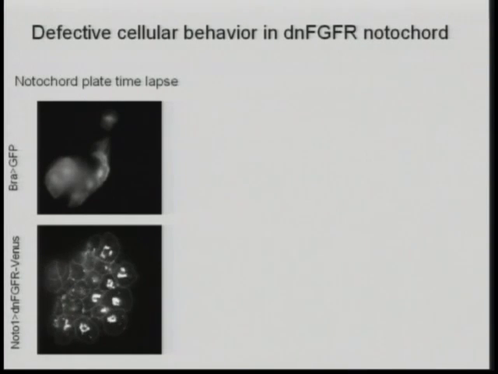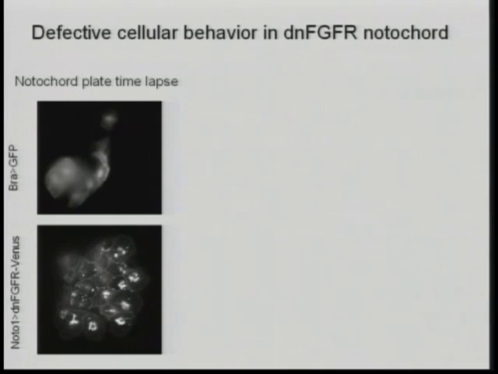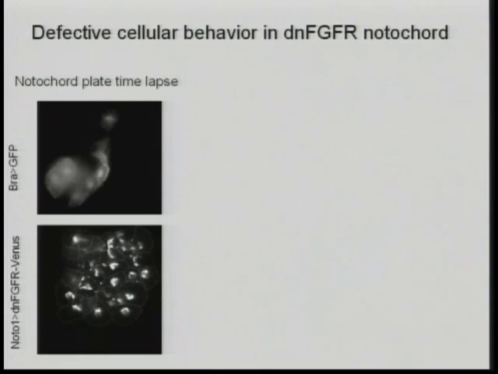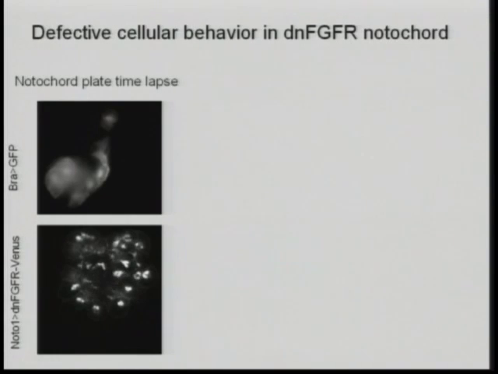The cells are still moving actively, but you never see these active protrusions around the periphery. So we think that the loss of these protrusions is one of the main reasons that convergent extension is defective. We can actually quantify this cellular phenotype by looking at single cells.